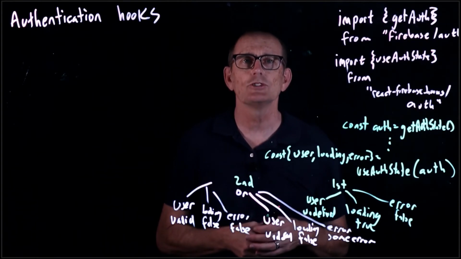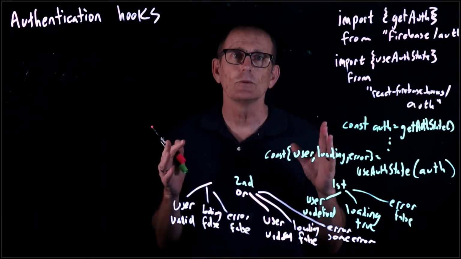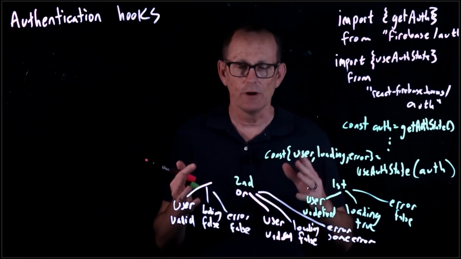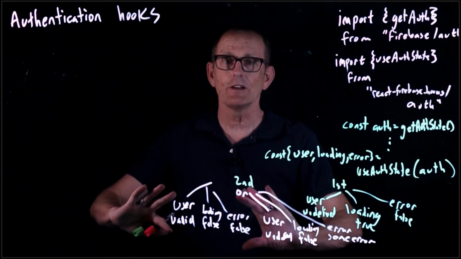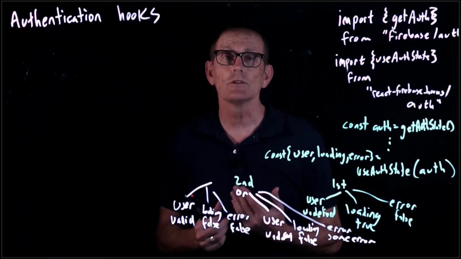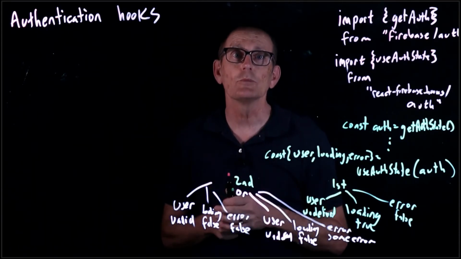This is what will be at the top level of our application. We will want to be able to see that we are logged in or not. And if we are logged in, so if we have a valid user, then we can go ahead and render our components that assume we're logged in.